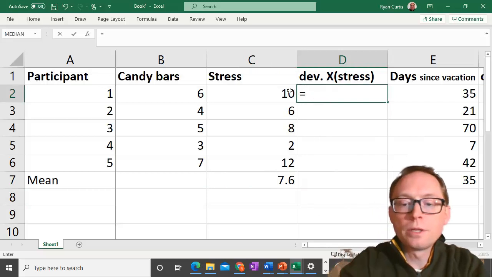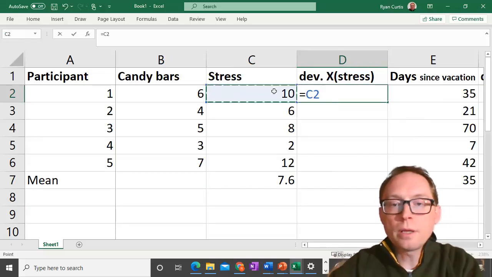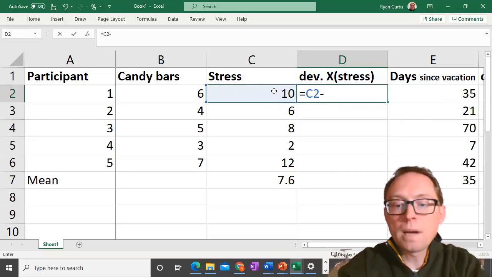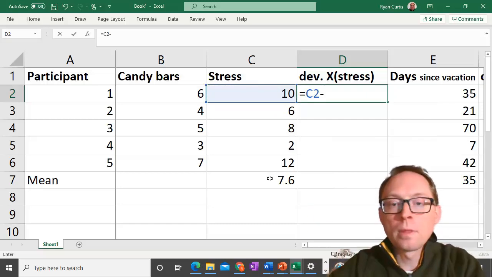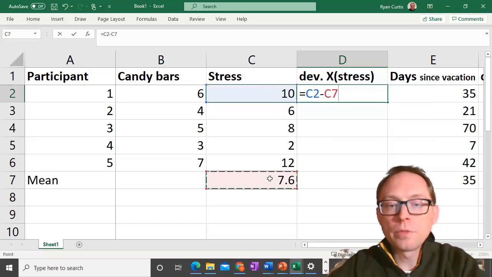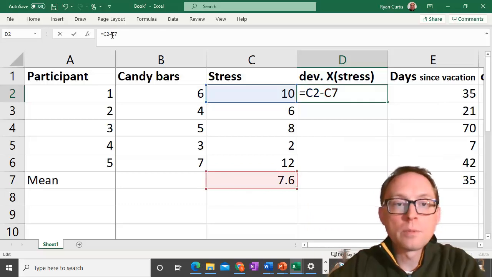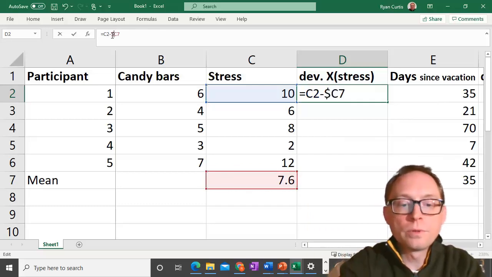The deviation is going to be X minus the mean. So for participant 1, it's 10 minus 7.6. I'm going to put some dollar signs so we don't move the mean around.